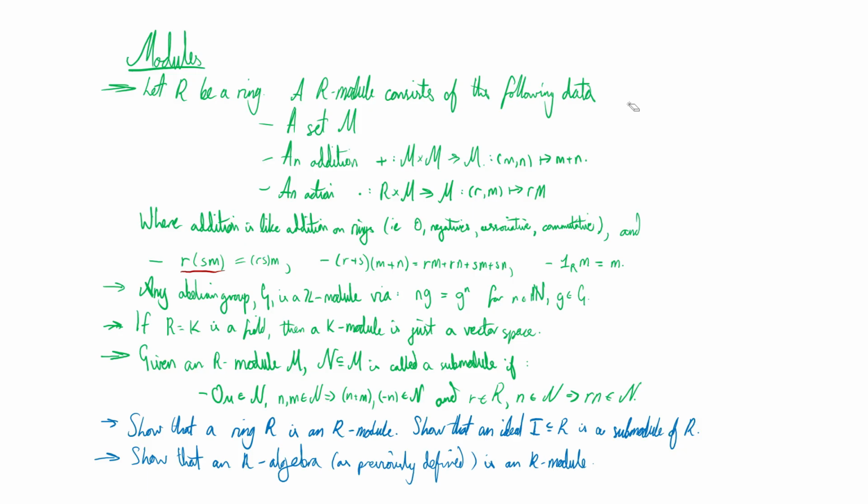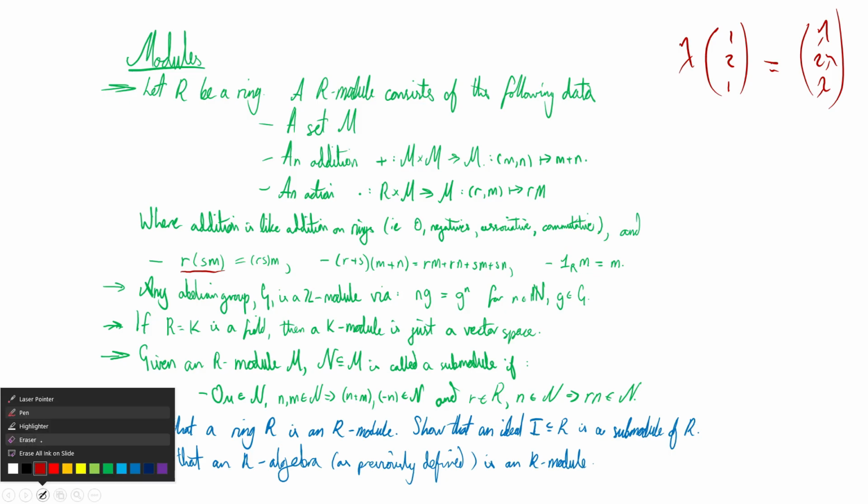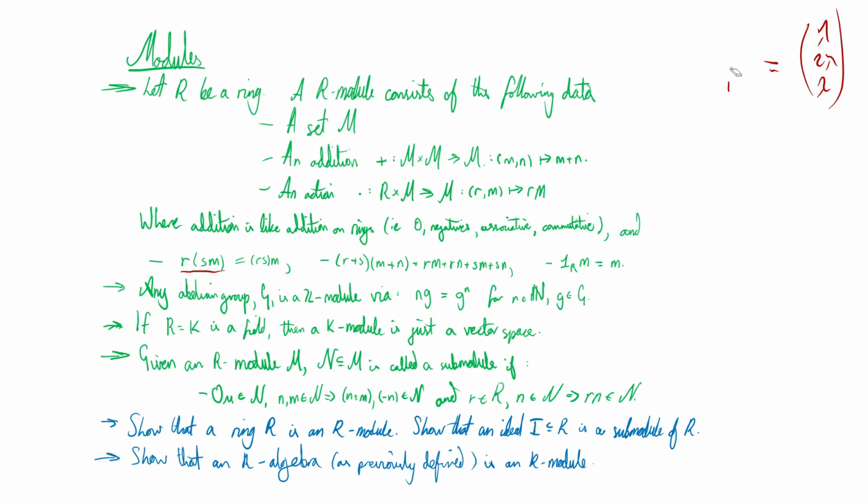Modules within algebraic geometry are left modules, just because a module over a field is a vector space, and if you have, say, a vector, you put lambda to the left usually, so lambda times the vector. So most modules are left modules within most of maths, but you can have right modules. You just define this action to be mr instead of rm.